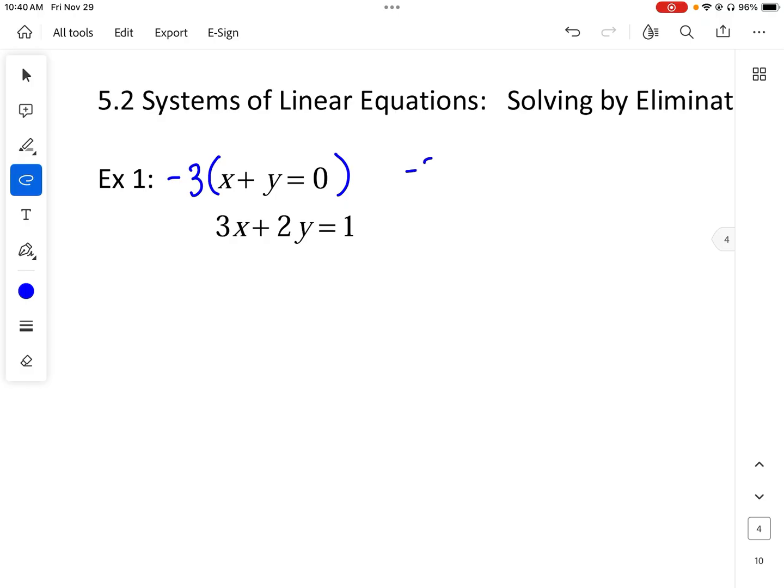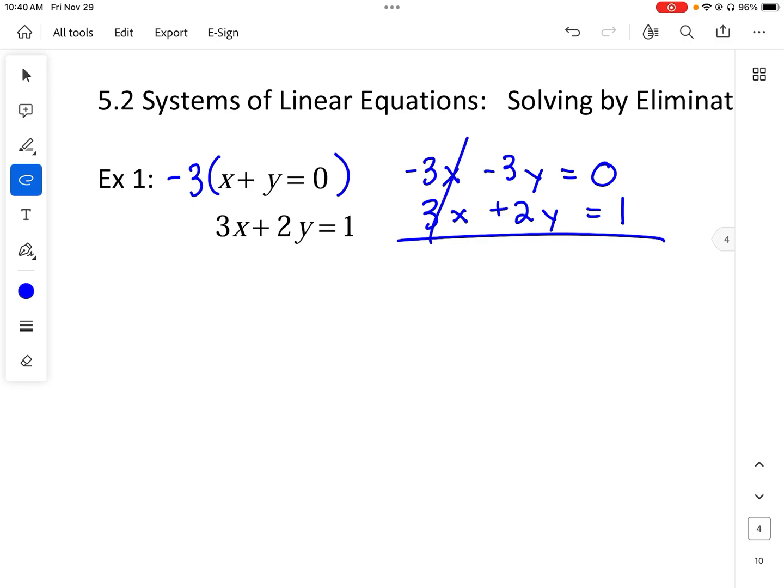So that makes it where it's -3x minus 3y equals 0. And I'm going to add it to my second equation. So that cancels out. I get a -1y equals 1. Divide by -1. So y equals -1.